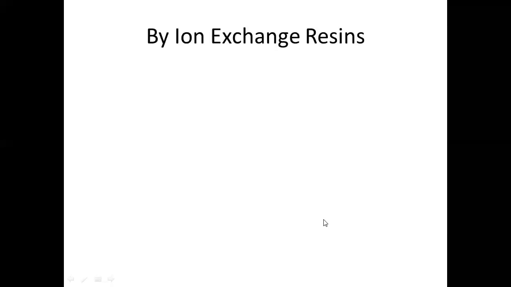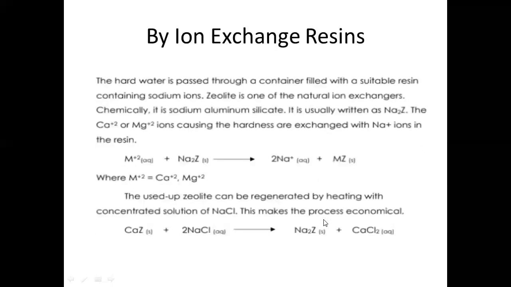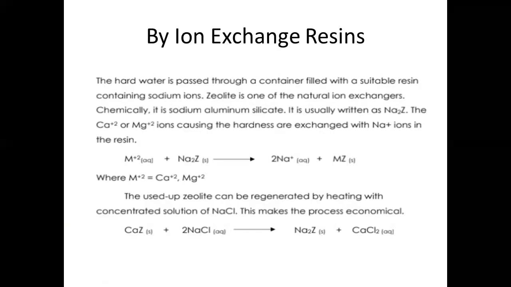The second method for removing permanent hardness is by ion exchange resin. The hard water is passed through a container filled with a suitable resin containing sodium ions, or sodium zeolite. Na2Z is called sodium zeolite, which is an ion exchanger, because the zeolite will exchange sodium ions with the calcium or magnesium ions, so they can be easily removed.